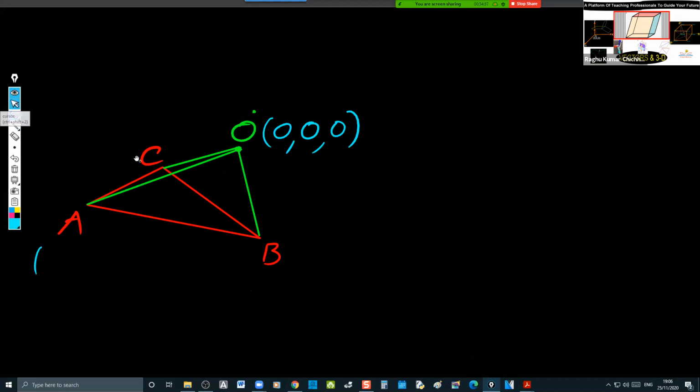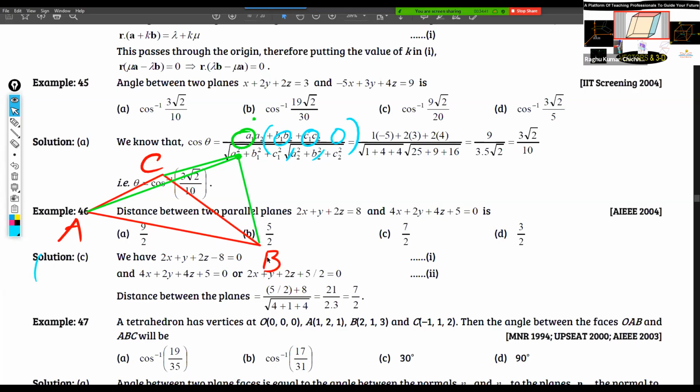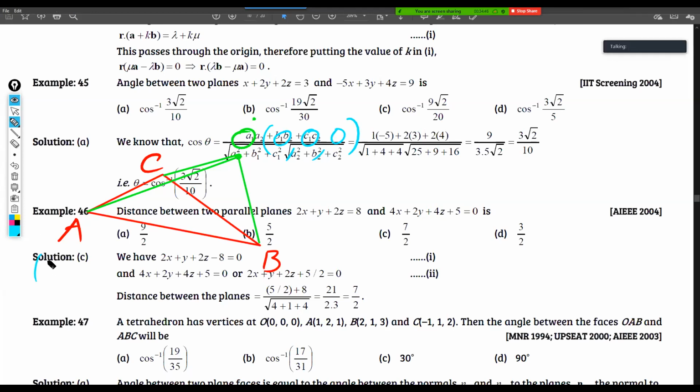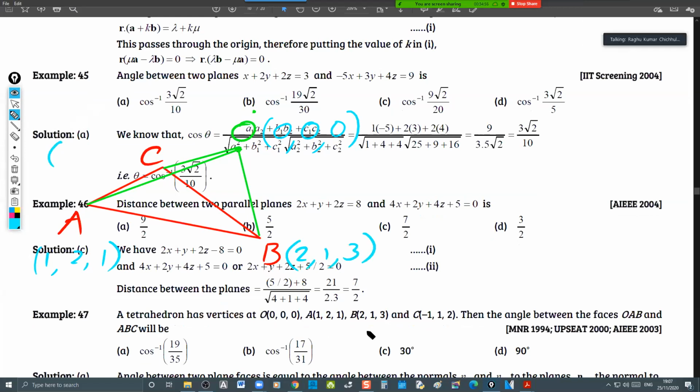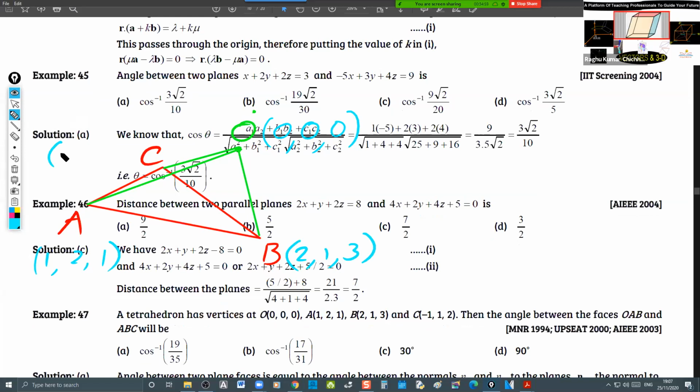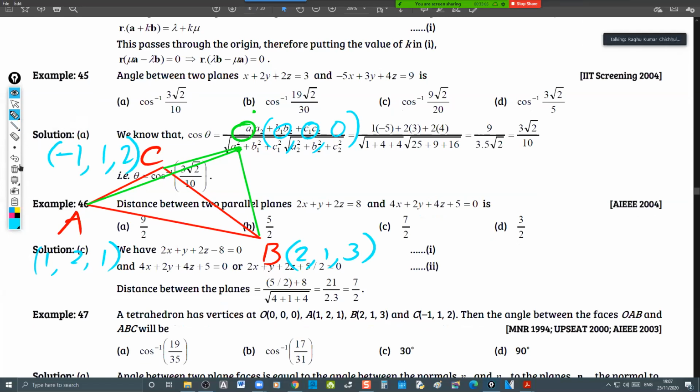A is 1, 2, 1. B is 2, 1, 3. And C is minus 1, 1, 2.